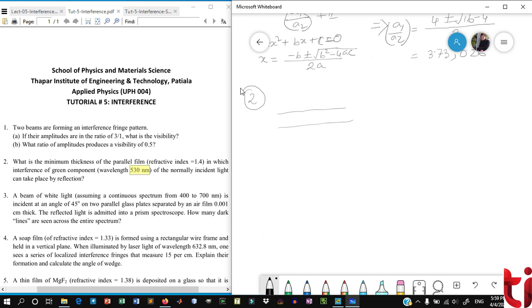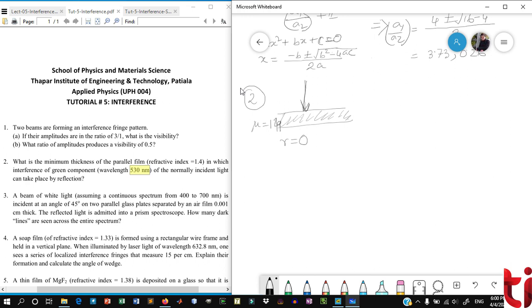Problem number 2. So now we are talking about a parallel thin film. So it's like this. Here is this thin film, and its refractive index mu is 1.4, and the light that is falling onto it is normal, so the incident angle is 0, so the refraction angle is 0. And for such a situation, for a parallel thin film, the interference due to reflected light, there are two conditions.